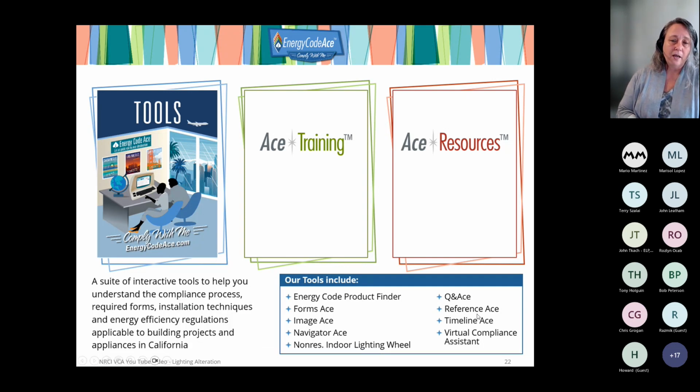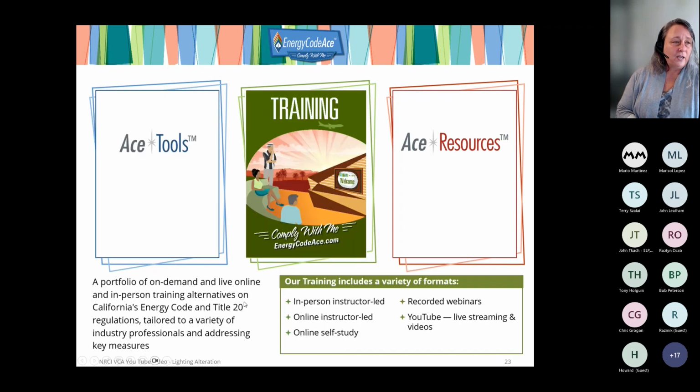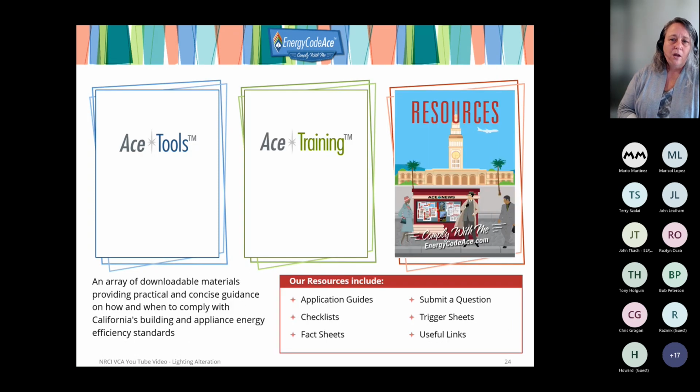We have training, like I said earlier, with live classes for non-residential lighting that went live in the last few weeks. We have two indoor lighting classes, one just for controls and one for the compliant wattage allowances for the different scopes of work. We also have an outdoor class and a residential lighting class for dwelling units.